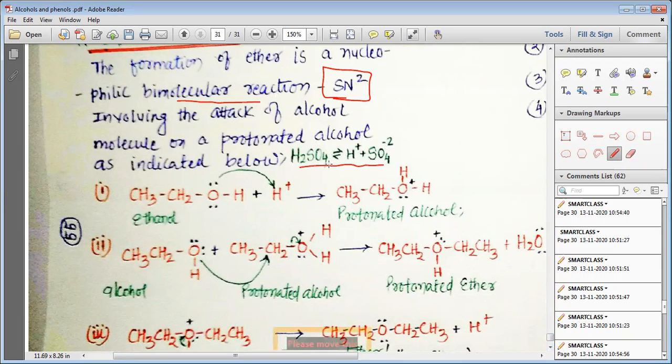First, from H2SO4 we get H plus, and this H plus enters the first step. In the first step, ethanol reacts with H plus. The lone pair of electrons present on oxygen of ethanol attacks H plus, and we get protonated alcohol. This protonated alcohol has only one lone pair on oxygen and a positive charge on oxygen.